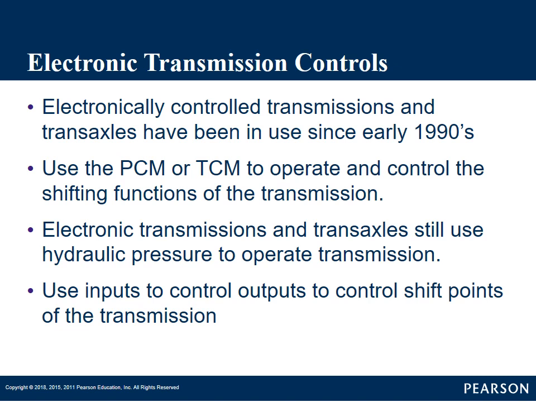We have storage on the computer that has information stored: certain parameters, certain criteria that the module looks at to determine how to control the transmission. So inputs come in, those are compared with the storage information on the PCM, that information is processed, and then we control our outputs. So inputs, storage, processing, outputs. The same functions that happen with our engine computers are happening with our transmission computers.